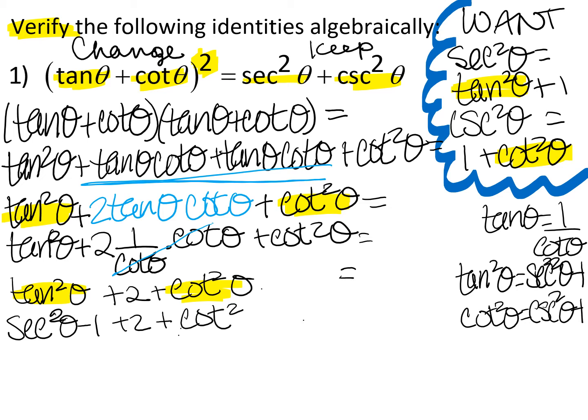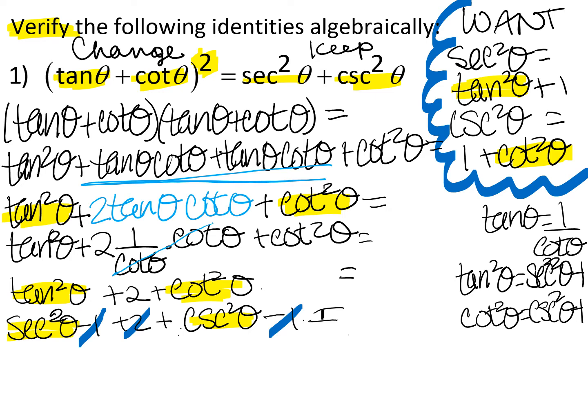Uh-oh, wrong thing there. Okay, now I can see that I have the secant and cosecant that I want, and I can also see that -1, 2, and -1 all end up canceling out, leaving me with precisely what I wanted.